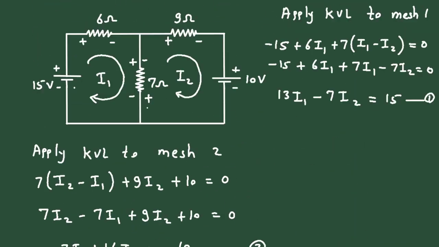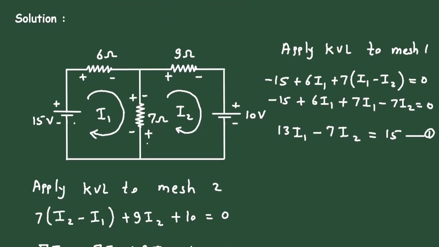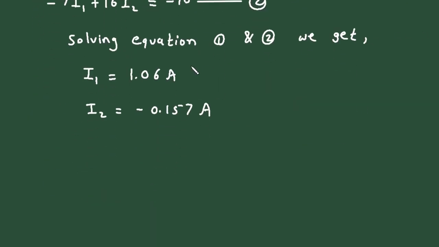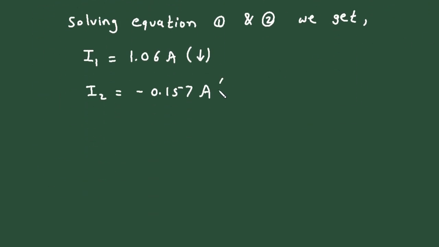But here for this circuit we have to find the current through this 7 ohm resistance. So here we can see the direction of this current I1 is downward, and the direction of this current I2 is, here we can see it is going upward in this 7 ohm.